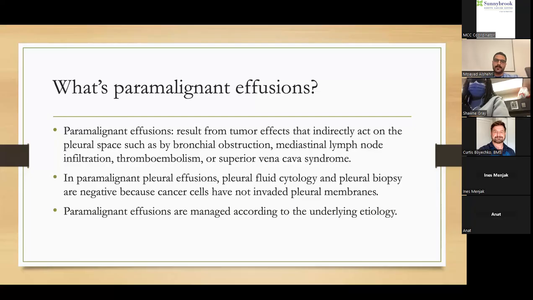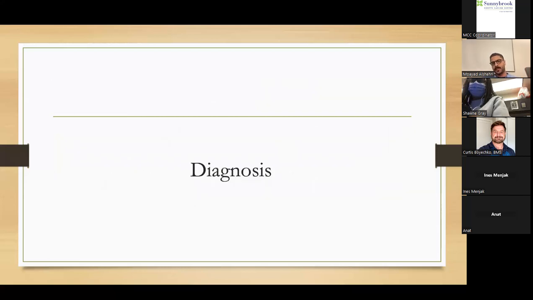It's an indirect effect on the pleural space, such as bronchial obstruction, mediastinal lymph node infiltration, thromboembolism related to the cancer, or SVC obstruction. In these effusions, as I said, you do cytology, you do pleural biopsy, both will be negative. So I thought I'd just bring that up.